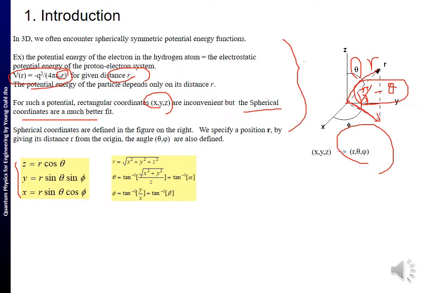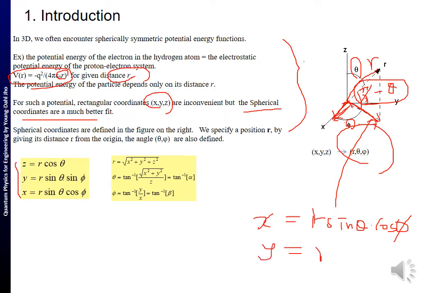This value is actually r sine theta, and then we take the cosine, and we have the x value projected onto the x-axis. So r sine theta cosine phi is x.